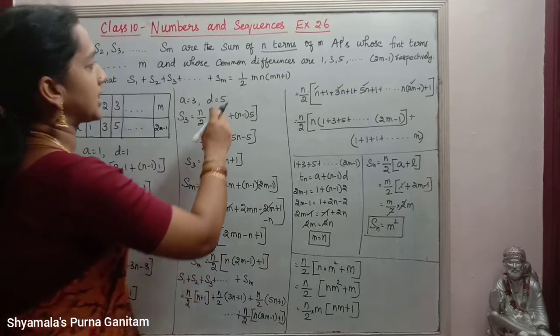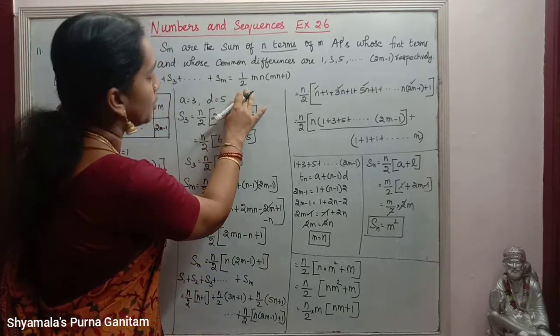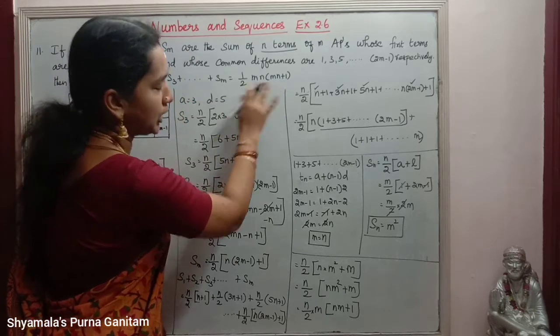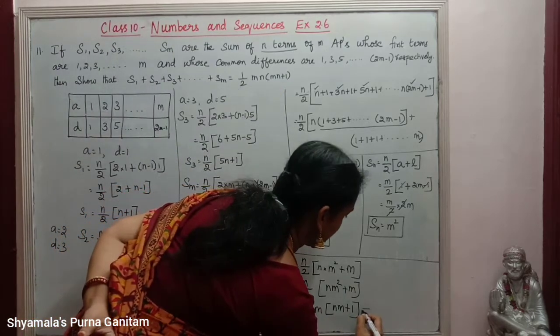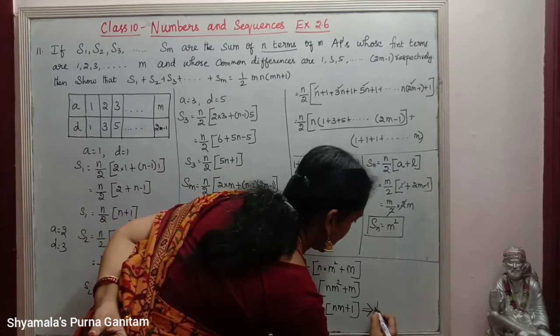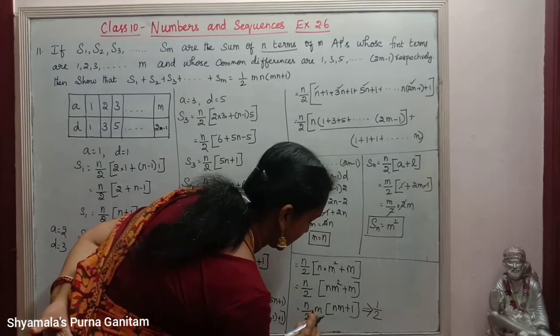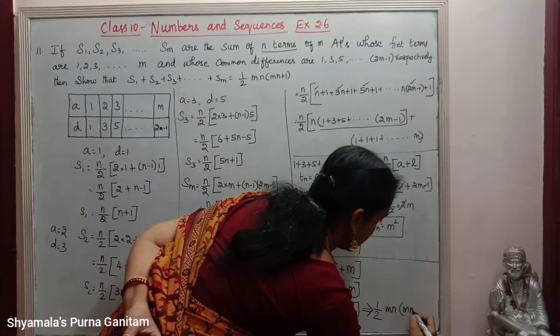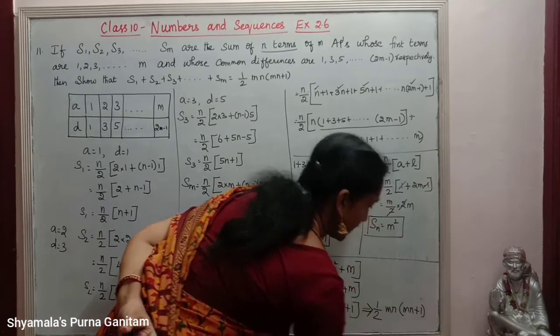So what is the thing we are asked to find? 1 by 2 into mn into mn plus 1. So we can rewrite this as 1 by 2 into n into m, that is mn, into mn plus 1. Understood?